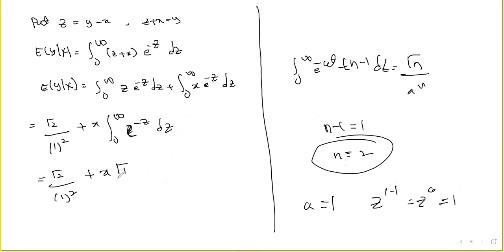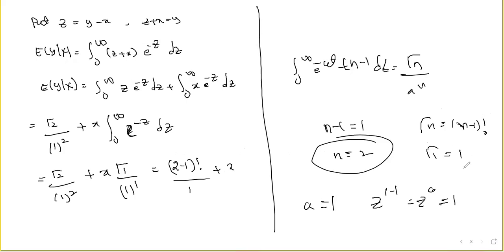So that's why it is gamma 1 divided by 1 power 1. Clear? Then we know that gamma n equal to n minus 1 factorial. So gamma 2 is 2 minus 1 factorial, divided by 1, plus x into gamma 1, which is 1 always.